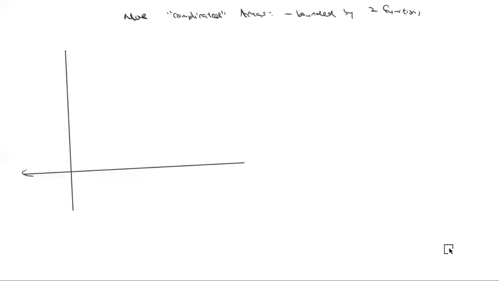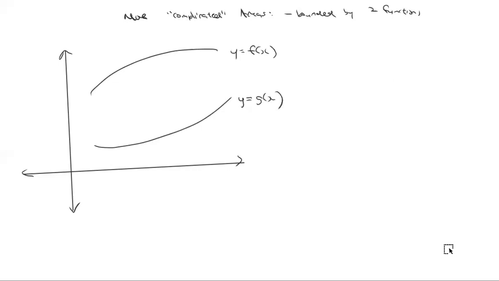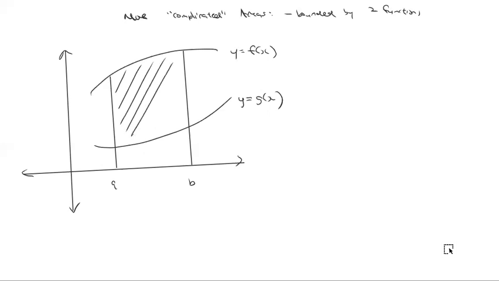I'm going to have another function, y equals g of x. And I'm going to make it so that they look like this. They're both above the x-axis for now. As usual, left boundary is A, right boundary is B. How do I find this area?